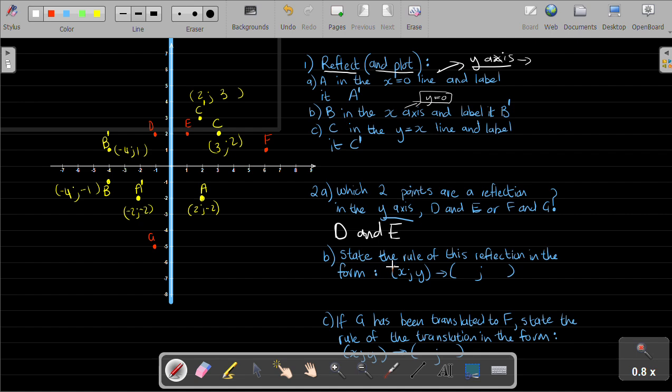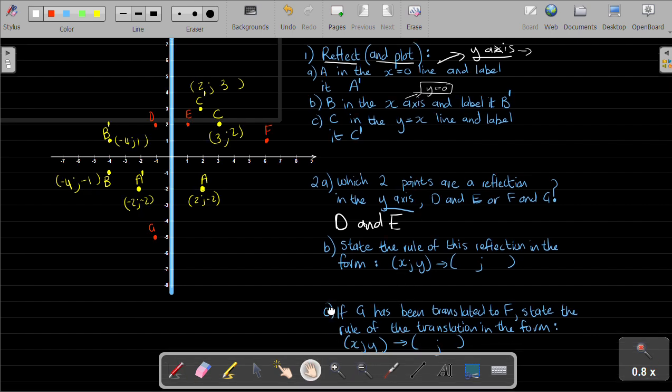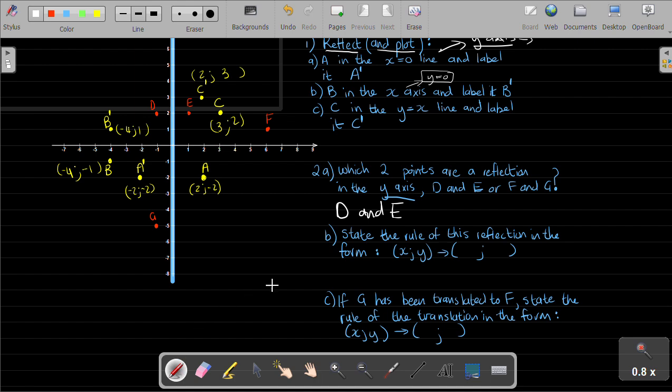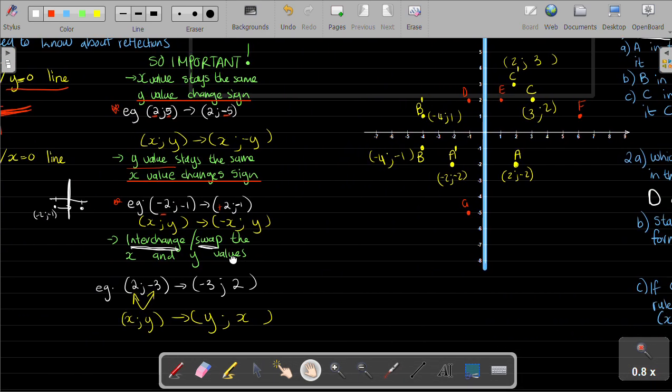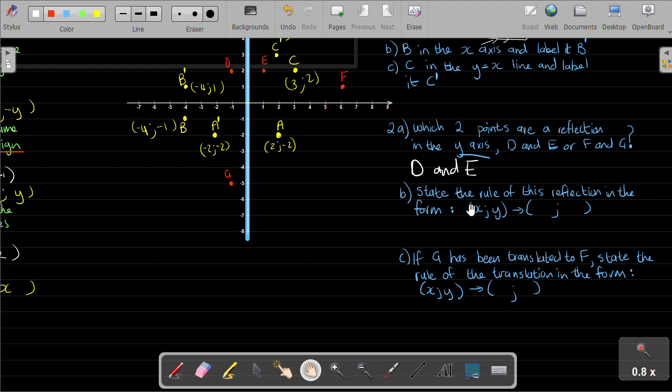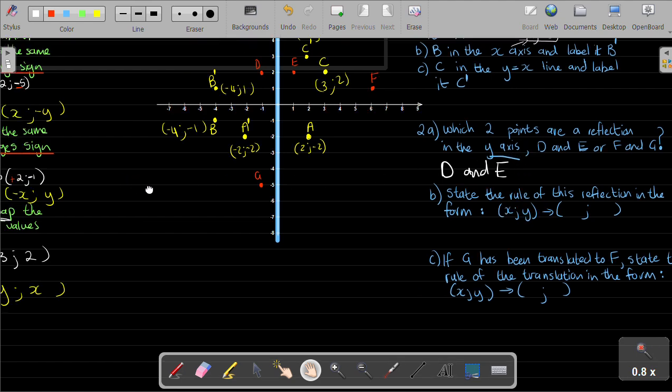Okay, let's do B. State the rule of this reflection in the form (x, y) and then what it becomes. So guys, remember, this is a typical question. We need to know how to do this. Let's have a look. So obviously I explained the rule over here when we are reflecting in the y-axis.